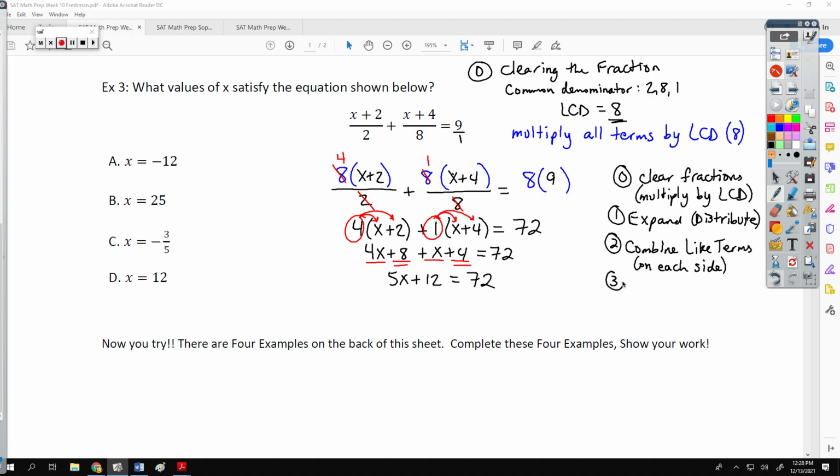Okay, then we need to isolate the variable, which means we want x by itself.